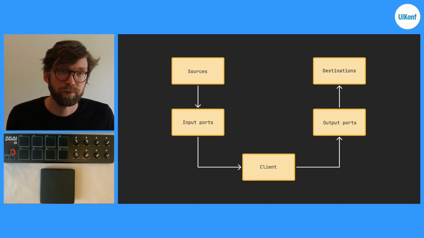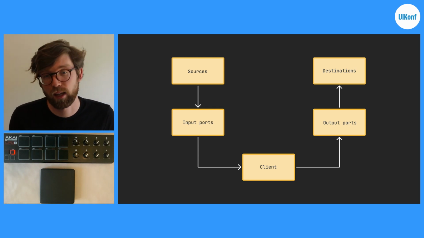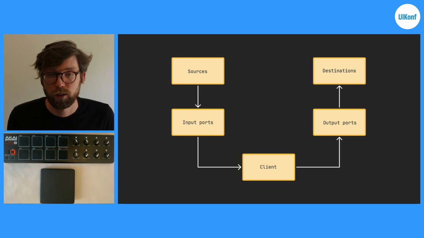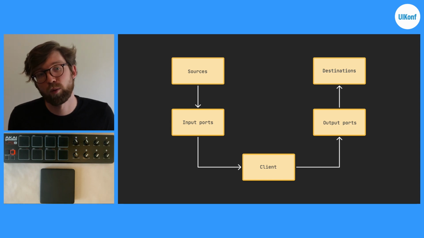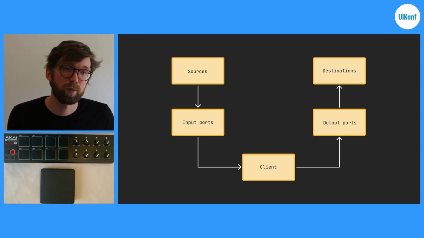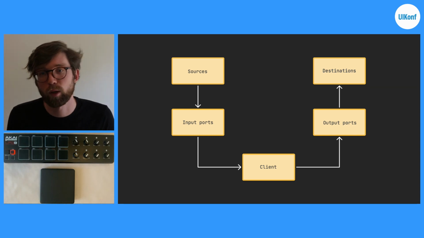Core MIDI provides us a MIDI client. You as a user can open a port and connect some devices to it. The client can have more ports, and they are both input ports and output ports.